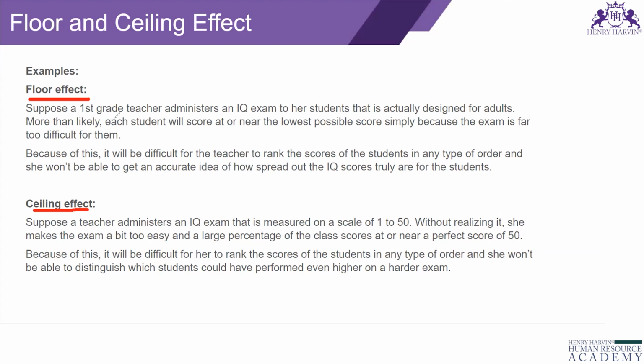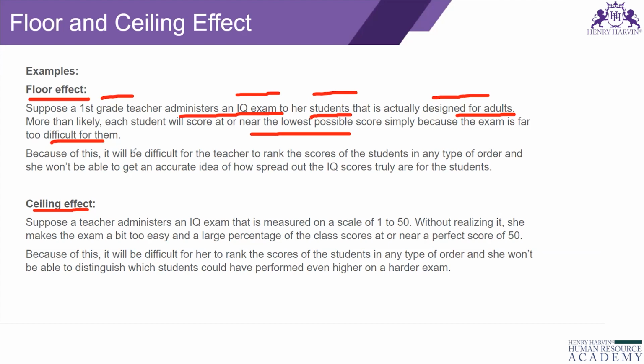Suppose a first grade teacher administers an IQ exam to her students. First grade, right? That is actually designed for adults. So it's an IQ exam for adults, but they are administering it to students of first grade. So more than likely, each student will score low, right? Low possible score, simply because the test will be difficult for them.